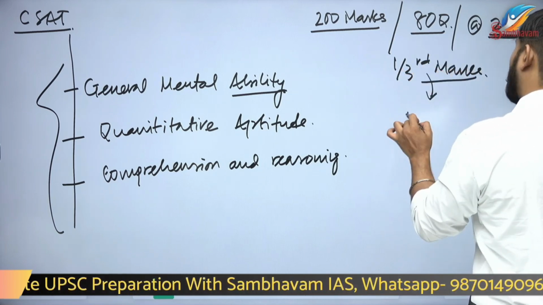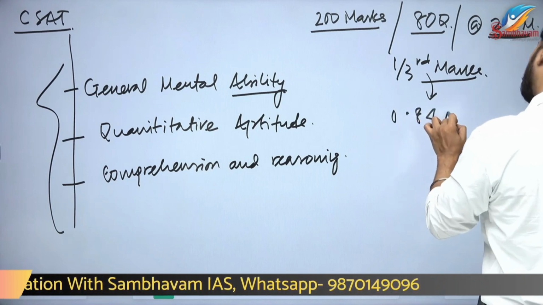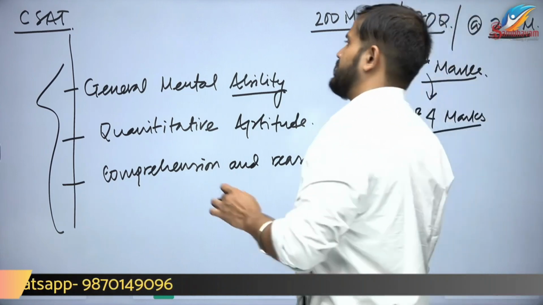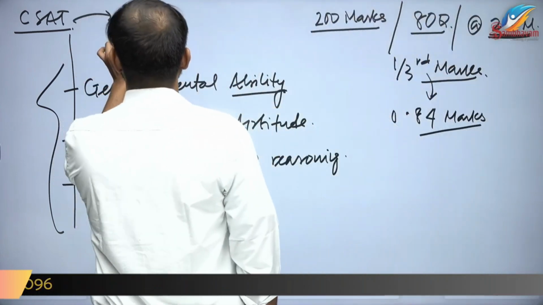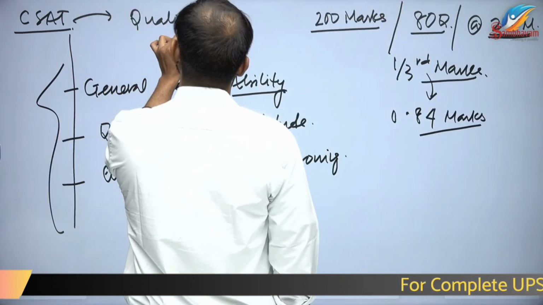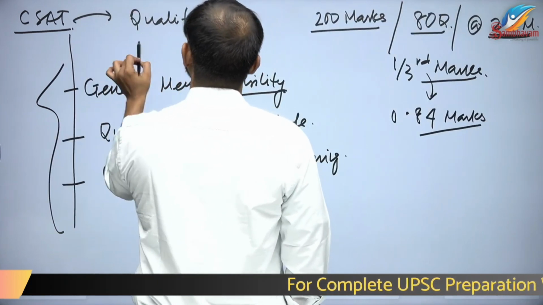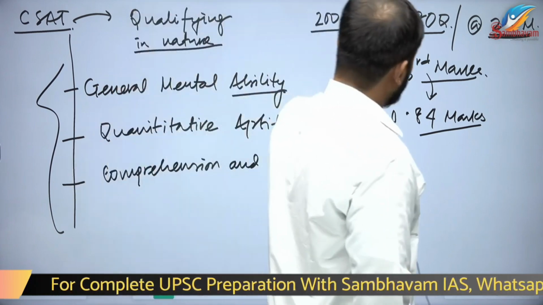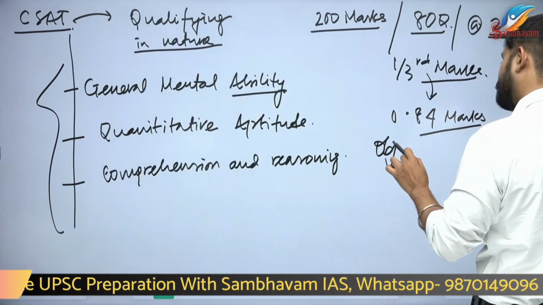That is going to be 0.84 marks. Please remember, the CSAT paper is going to be qualifying in nature. And the questions are also going to be objective or MCQ type.